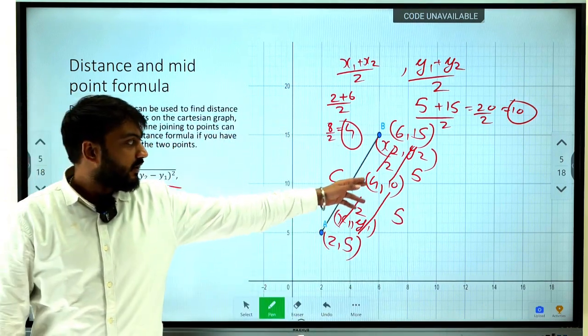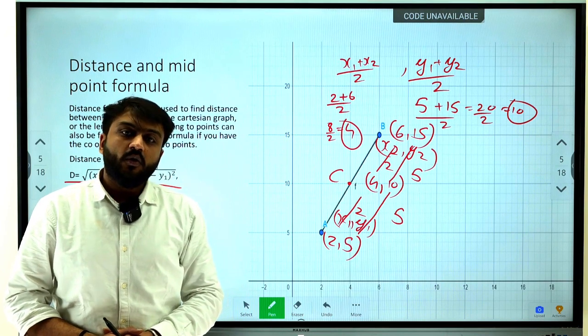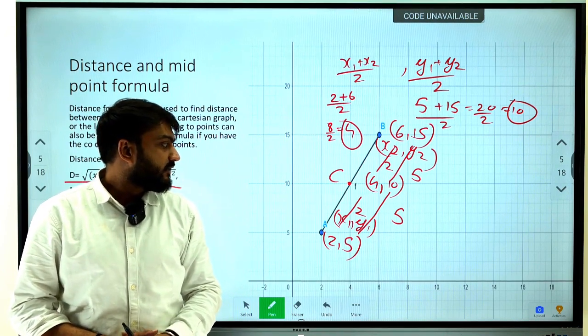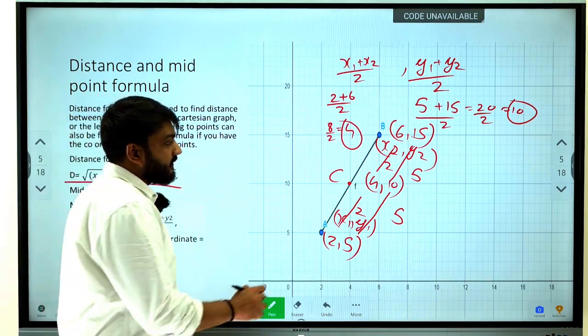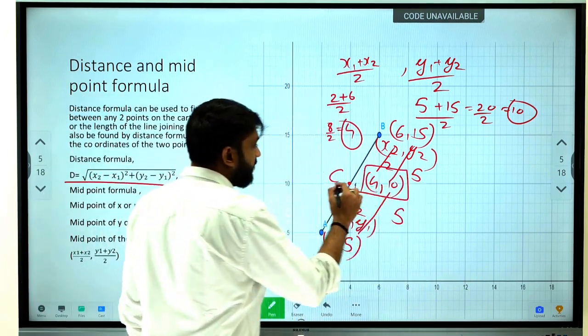So the point 4 is equidistant from x1 and x2 and point 10 is equidistant from y1 and y2. Hence 4, 10 is our midpoint.